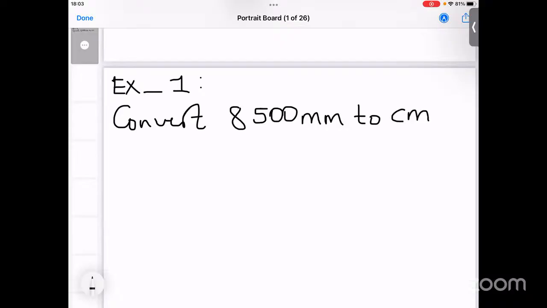Yes, let's convert this to centimeters. So just to keep it simple, honorable member, what you should know is that converting from millimeters to centimeters, you just divide by 10.